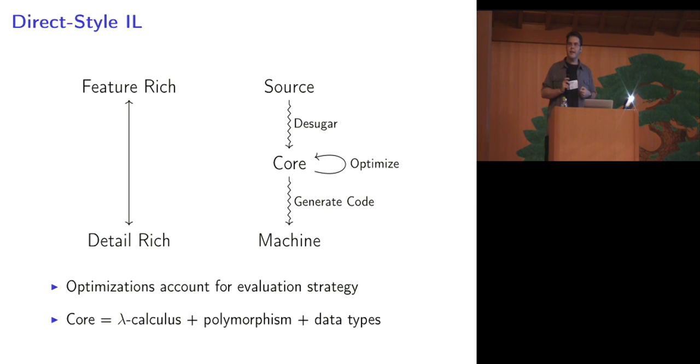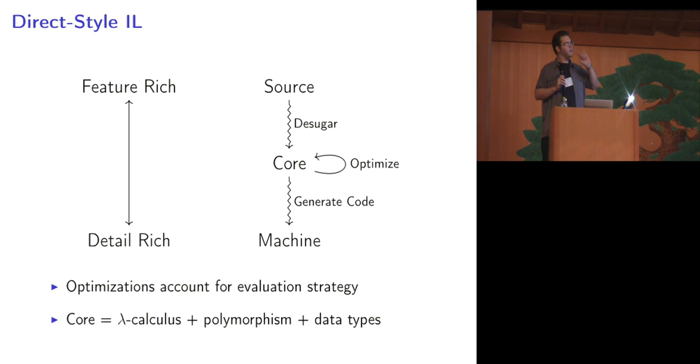And then once you've got it at that stage, you can work on it for a while to optimize it and make the program more efficient, more performant, and more what you would write by hand. So instead of having the very nice and abstract stuff we would actually write, we get the sort of hand-tuned code practically by the compiler. And then after doing that, you can move down to the machine, generate the machine code. That's sort of a very bird's-eye view of what's going on and the parts that we're focusing in on.